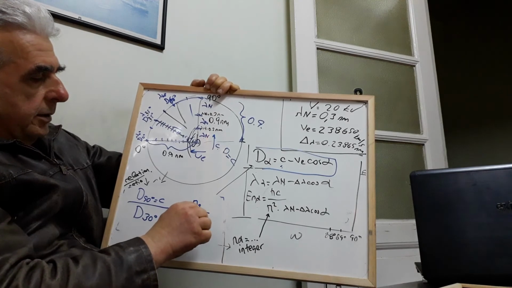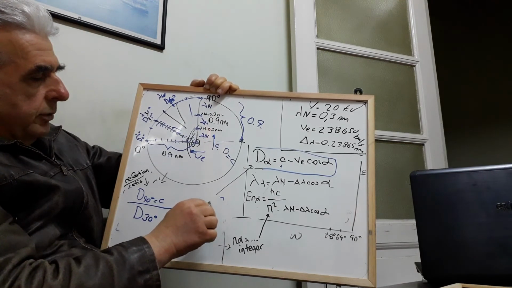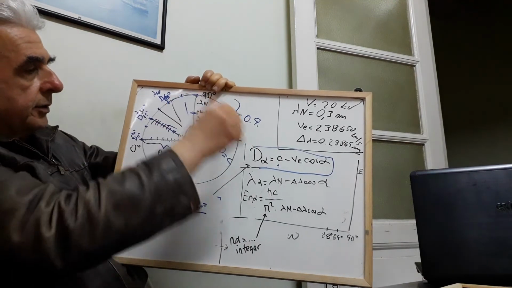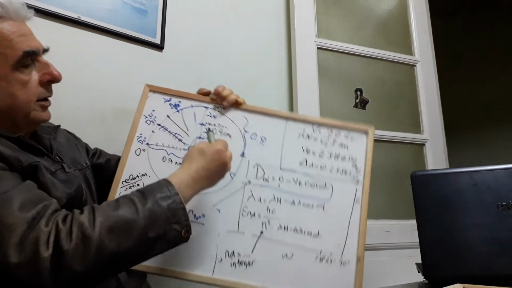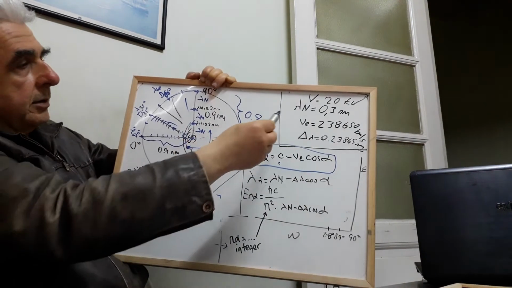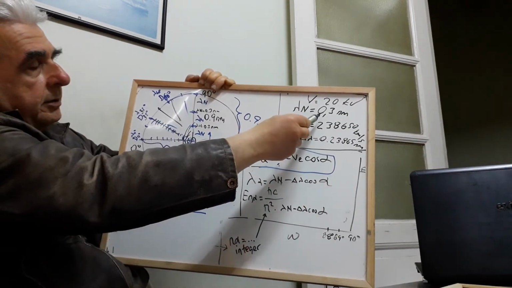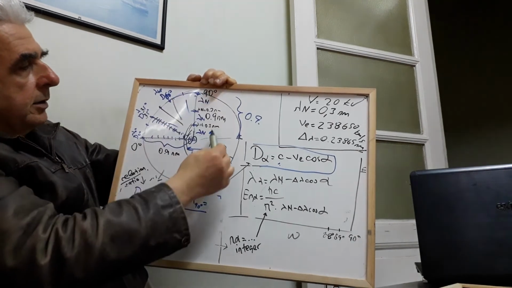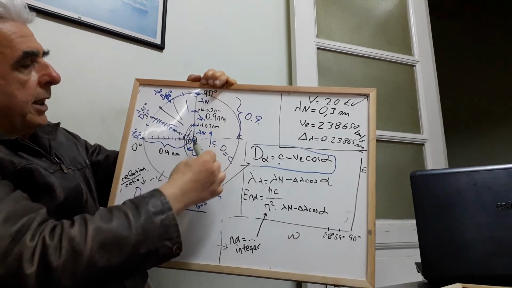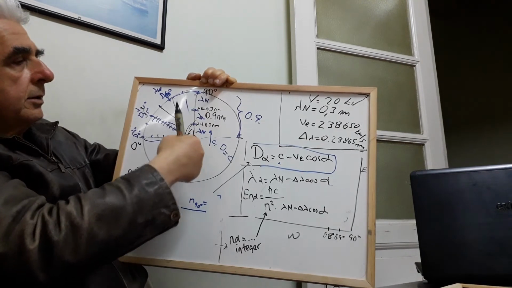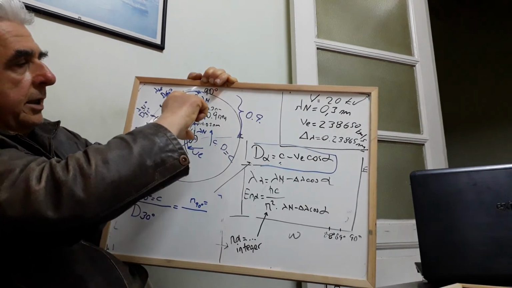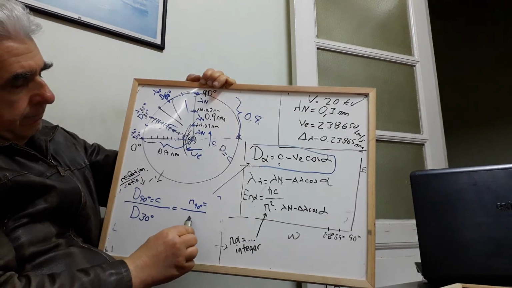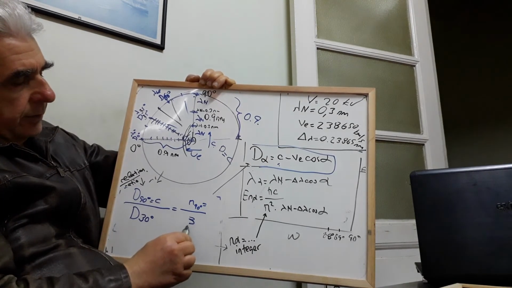And 90 degree equals 1, 2, 3, because 0.3 multiplied by 3, 1, 2, 3, finishes the 0.9 length of distance.